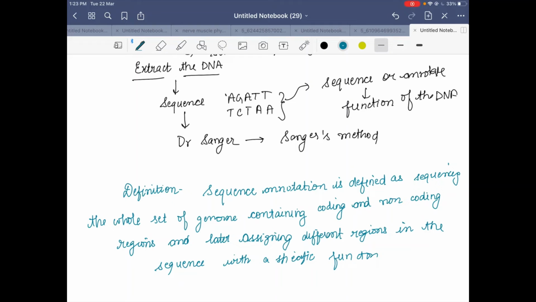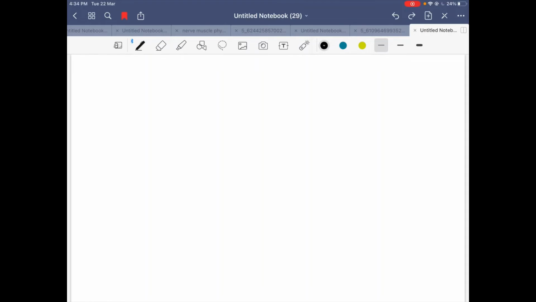Now we will see about the ESTs, which are also called expressed sequence tags.